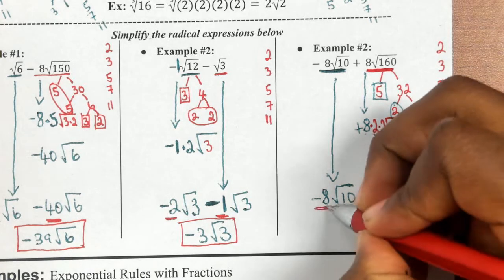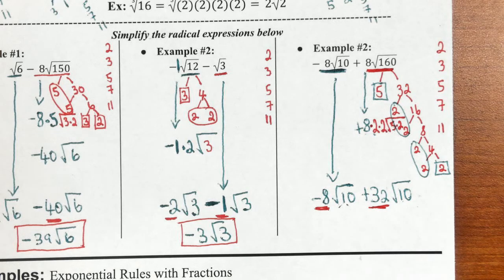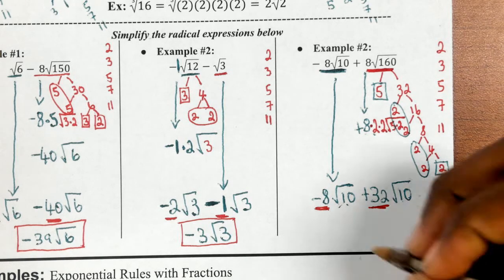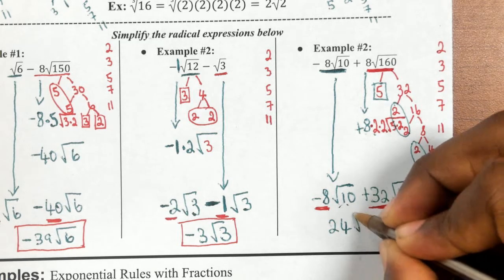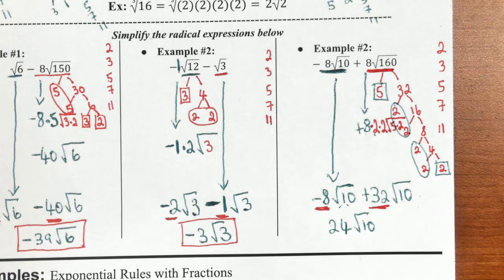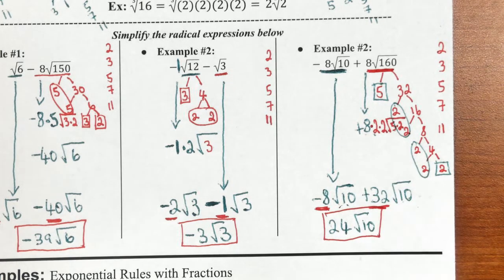So now I'm going to combine the numbers in front. So negative 8 plus 32 is positive 24. All right? And I rewrite only one of the square root 10s. All right? So again, guys, just like that.